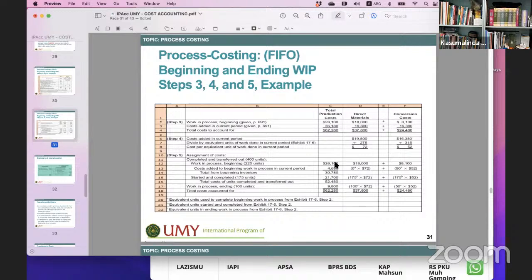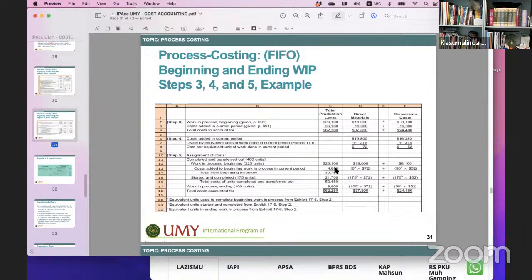The beginning work in process 26,100 is the cost that has been worked in February. So we put it here. Then the cost to complete, to continue processing the beginning work in process to make it a completed product, is the cost that we incurred during the current period, 4,690.